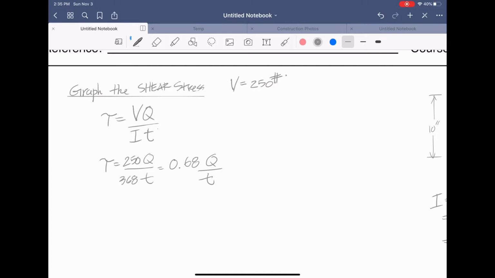That just makes our calculations easier because we've eliminated the V and the I, and we just have a constant number to represent. And all we're going to be doing now is just solving for Q and t.